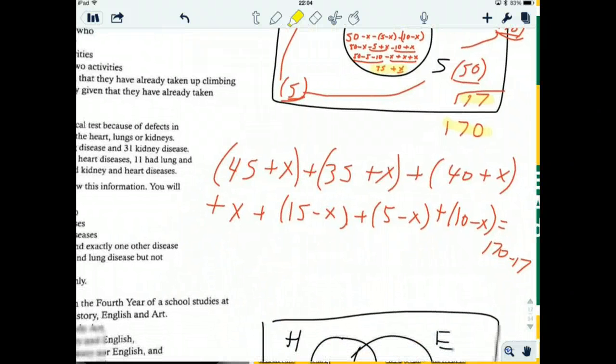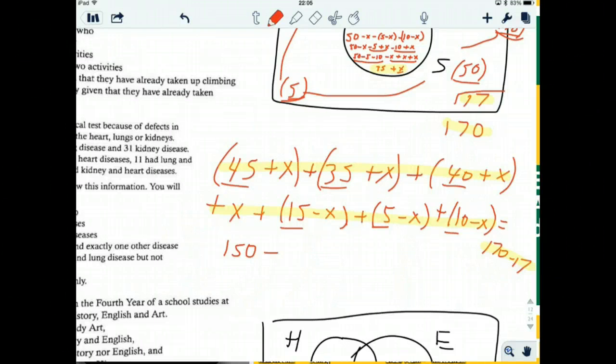So we do that right here, and we just subtract 17 to the other side. So we set all the sections of the circles here, and then we've set it equal to 170 minus 17. And then what we're going to do is we're just going to add up all the constant terms, which is equal to 150.